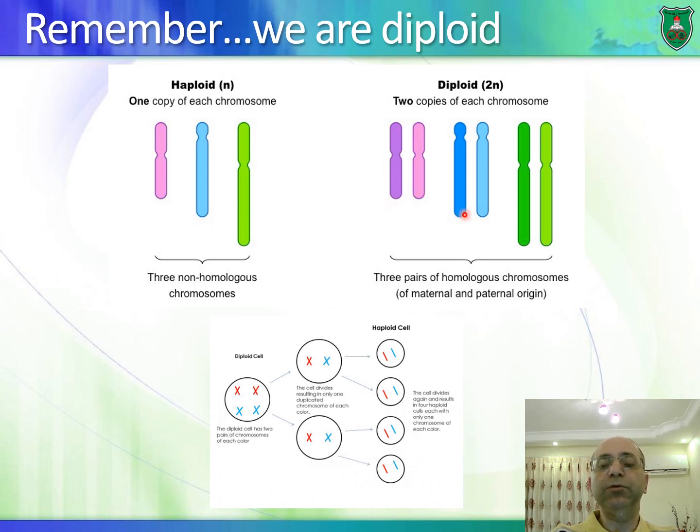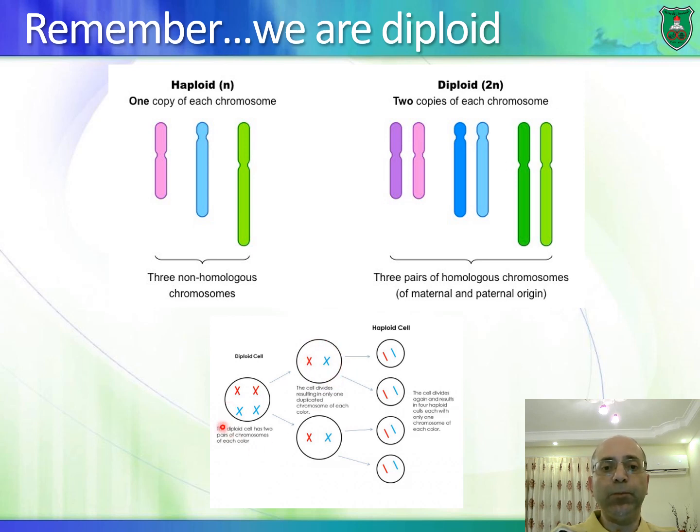So you have chromosome 2. You can also have it diploid. Two copies of chromosome 2, one from the father, the other from the mother, and so on. And this takes place, by the way, in meiosis. So you have two homologous chromosomes, and in meiosis each one of them goes into a different cell. So here you have a haploid cell.